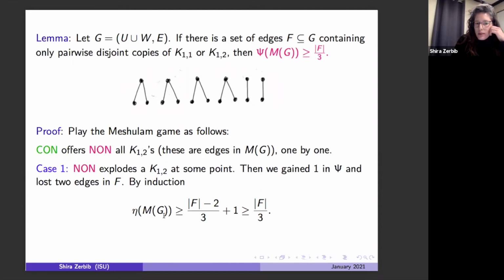So by induction, we have that psi is at least (F minus 2) over 3, this is the induction hypothesis, plus 1 from the explosion, which is greater than F over 3. Okay, so this is case 1 where None decides to explode at some point.